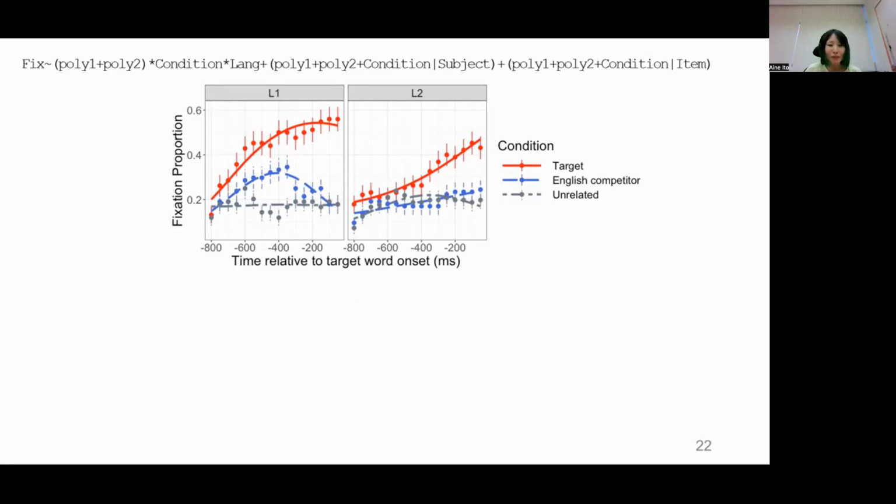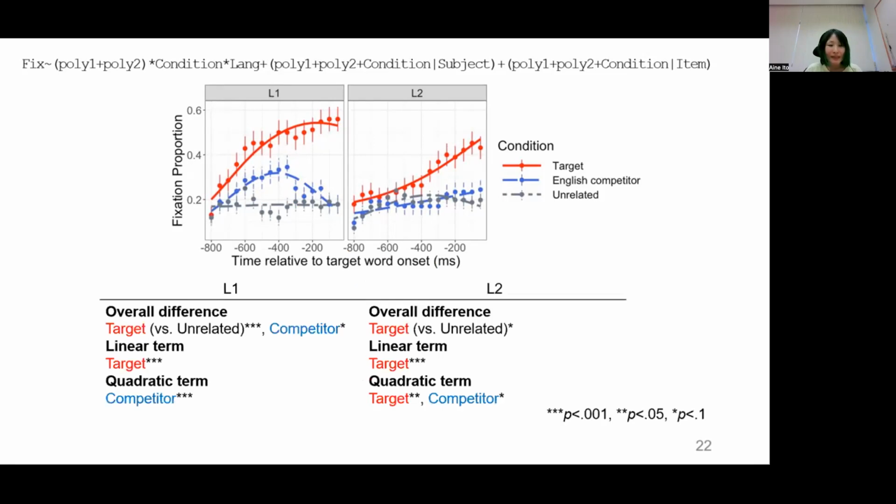So if we run this model, what we can find is the overall difference between the target and the unrelated conditions, and the difference between the competitor and unrelated conditions in L1 speakers' data. So this is looking at the overall difference. So you can kind of try and draw a flat line for the target condition and the unrelated condition, and look at whether they are different.